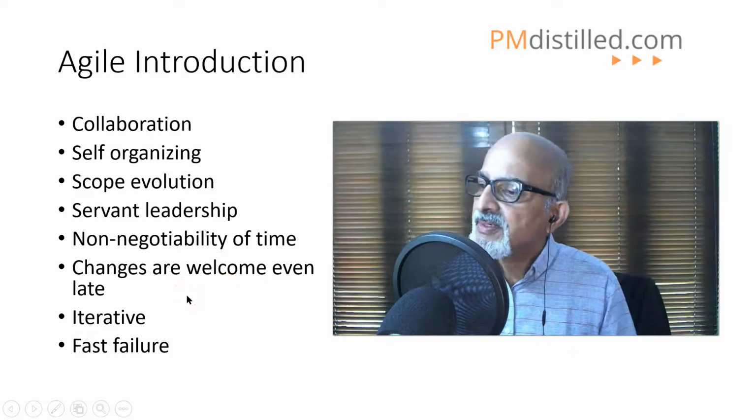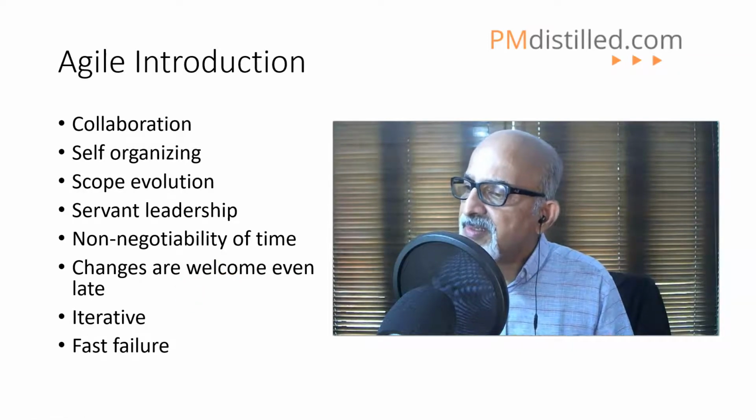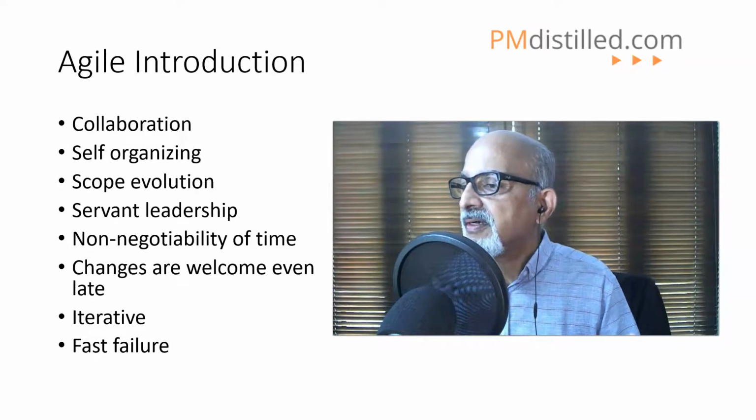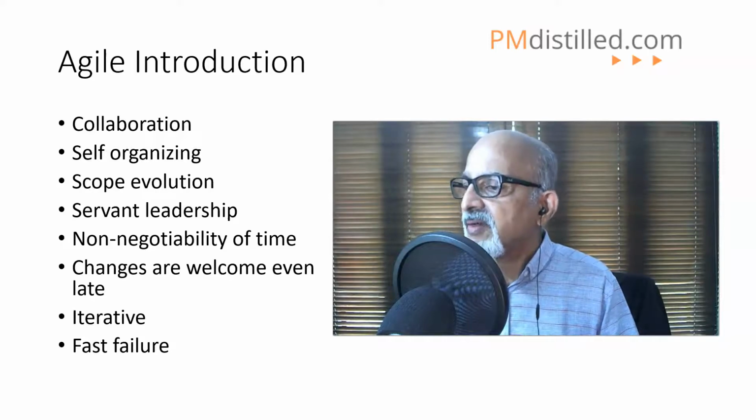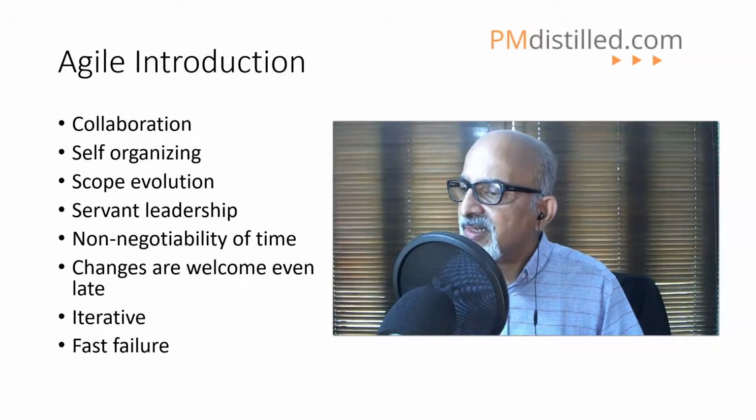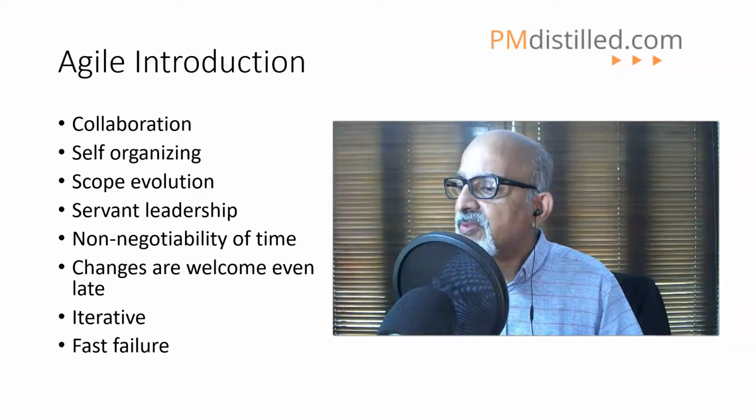Here the challenge is, if you have to adopt changes even late in development, then the methodology used should support it. Now let us say you are in the engineering phase of an EPC project, but if you are maintaining manual drawings and stuff like that, you cannot change things that fast. So you will have to use tools for commenting and version control and automated tools like AutoCAD, which will facilitate the incorporation of changes very quickly.